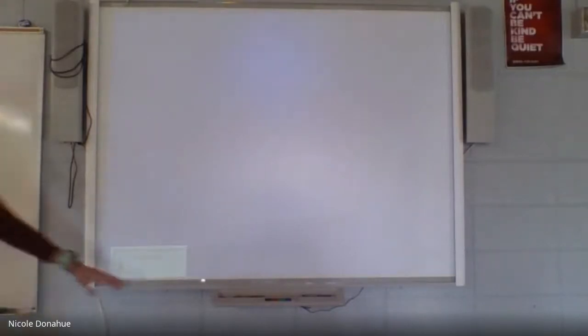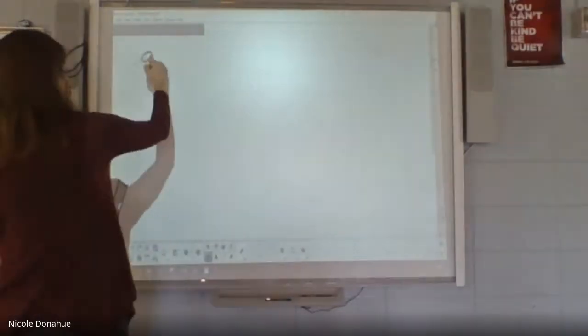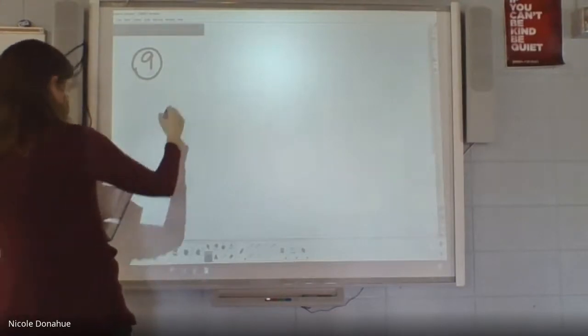So, number 9 says point P is inside triangle ABC and equidistant from points A and B. In which of the following segments must P be located?